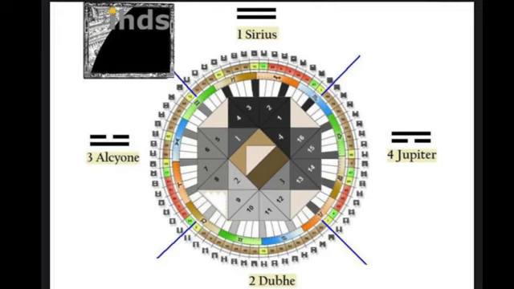Then you're really going to see a similarity, a deeper genetic continuity. The 49, the 63, the 17, and the 3.